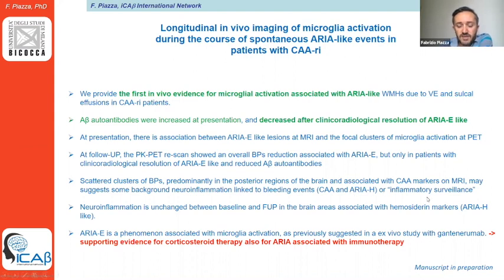And this can have different interpretations. It may suggest that there is some background neuroinflammation linked to the bleeding events, which has also been reported in the past in stroke studies, or that there is a kind of inflammatory surveillance after the ARIA-E events, meaning that when there is a focal inflammatory event recognized as ARIA-E, you can activate inflammatory cells that can patrol the whole brain, and so they can also move to other areas, and maybe this can be the new foci for recurrence at longer follow-up.